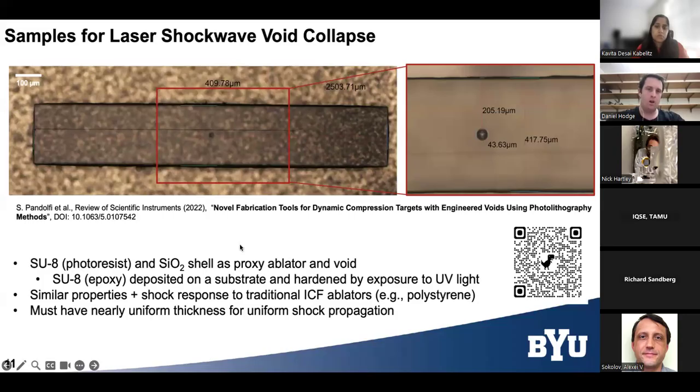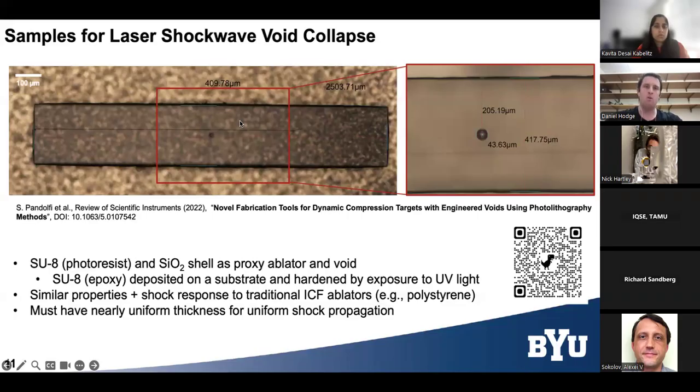This epoxy is put on the substrate, which can be spun to make it super homogeneous. Then you can spin it to some thickness, place this hollow glass void, put the epoxy on top of that to have the void in the center of the material, and then spin it again to make a very homogeneous sample.